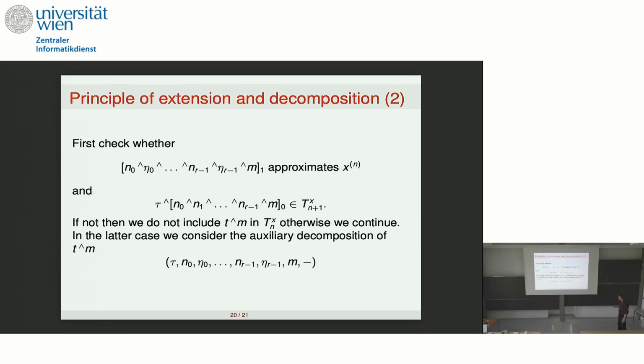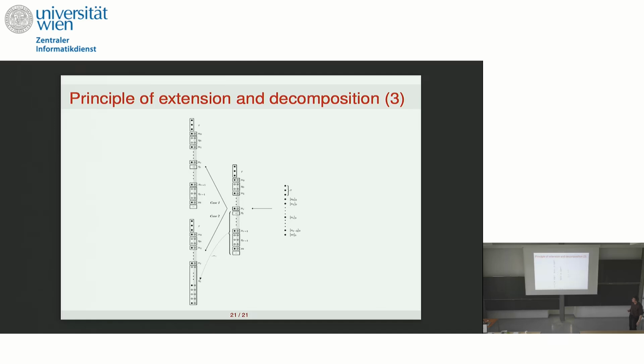Here we have the original decomposition of t, and here we added m and this symbol minus. And so for this last step in the construction, I would like to try to use this picture. I have to omit a lot of details, but this is where we are.